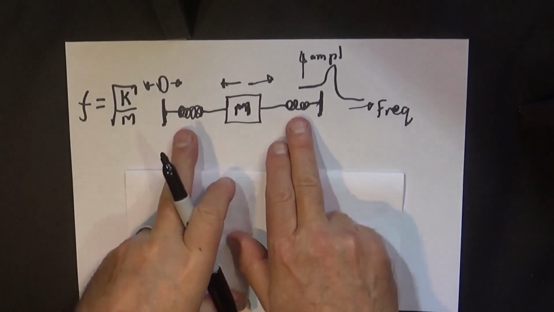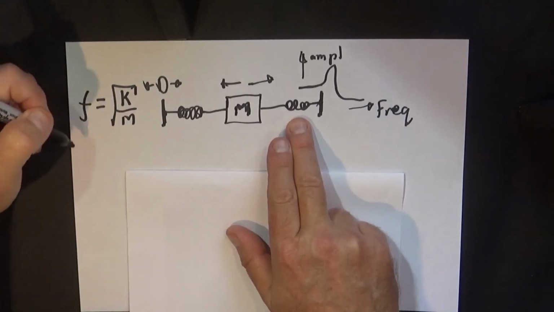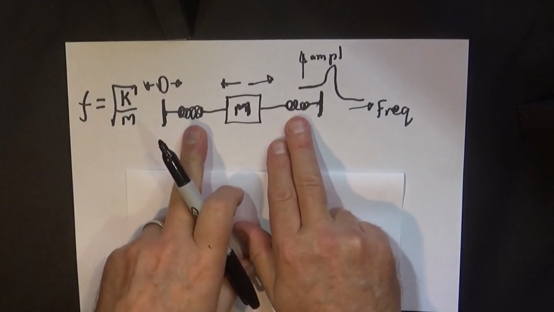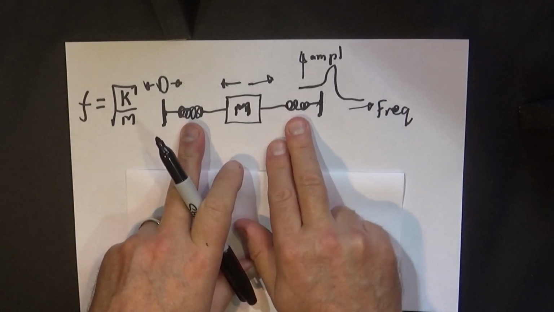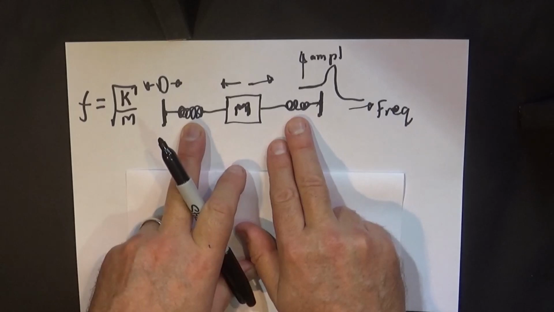So if we have twice as much spring, k is 2, so the frequency goes up by the square root of 2. So we would expect to see 1.4 times 200 Hertz, which is about 280 some Hertz.